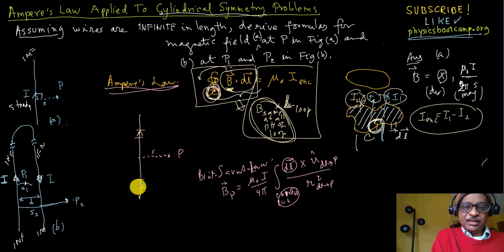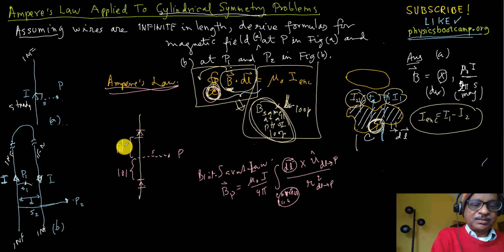So this one and this one are the same distance away. Say this is distance z, and this is also the same distance z, or maybe distance d, from this point, let's call it O, from P to O perpendicular.